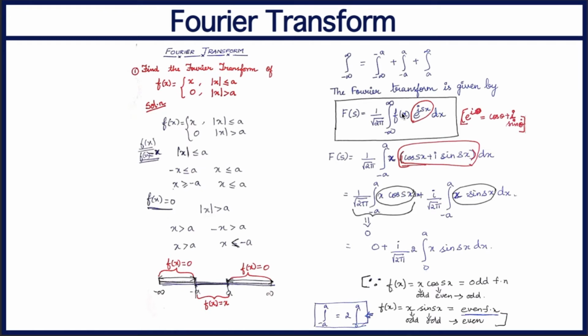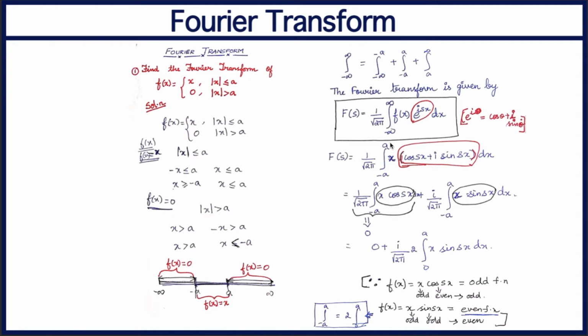Okay, so here what we have done is 1 by root 2 pi. I have written it here. Minus infinity to infinity is changed to minus a to a. The other terms are all 0. So here minus a to a will be there, and the function f of x in that term is equal to x.